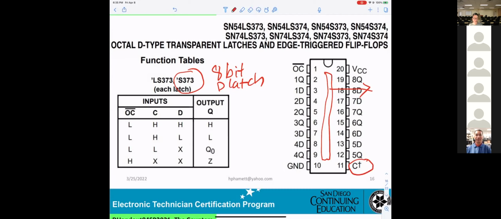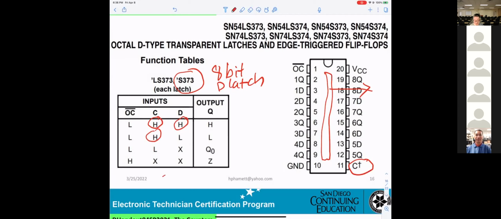That will be telling you what happened. C high, and the input inside will be high, output high. C low, and if the D is low, the output will be low.